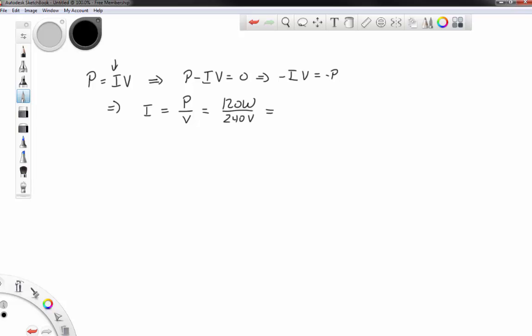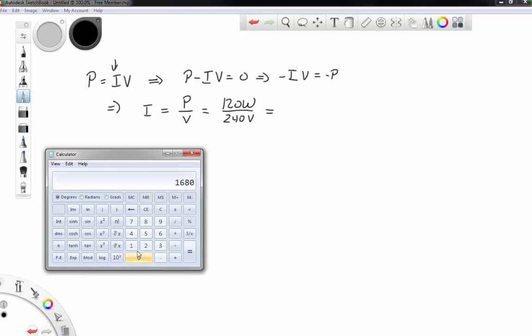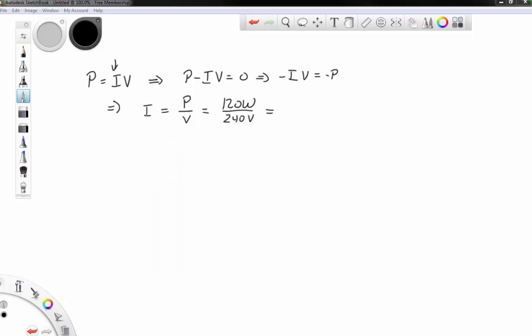So what is 120 divided by 240? Well, you might need to use a calculator to figure that out, though if you look closely, you might notice that that's the same as 12 over 24, which is a half. So the current needed is 0.5 amps.